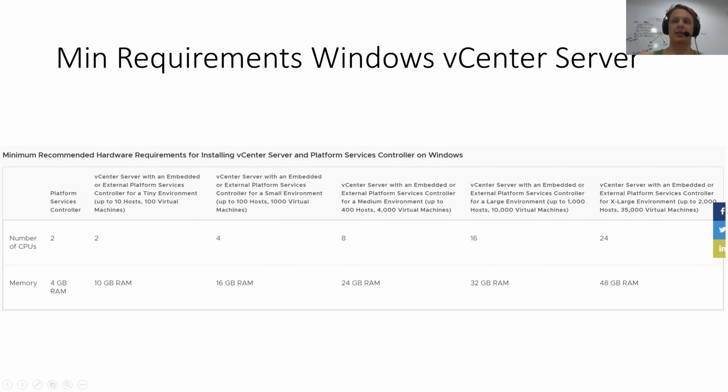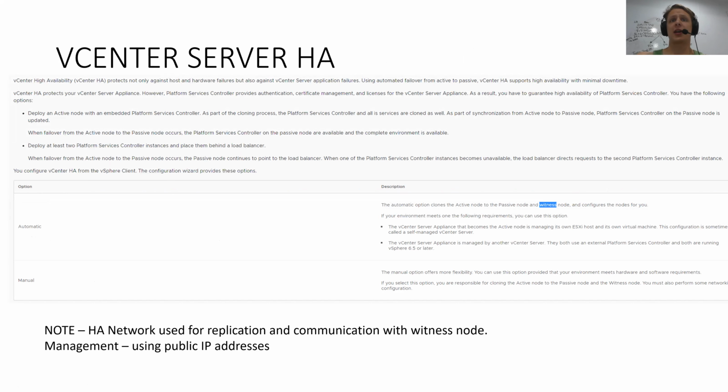So this is about the vCenter server HA. The important thing to look at here is that there's an active node and there's a passive node. That's important to know.